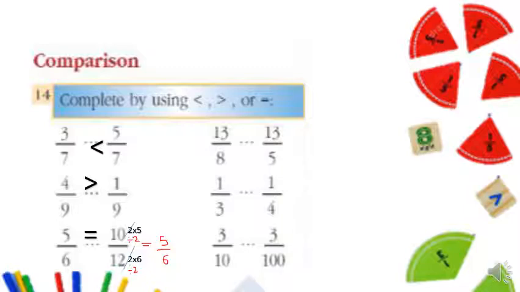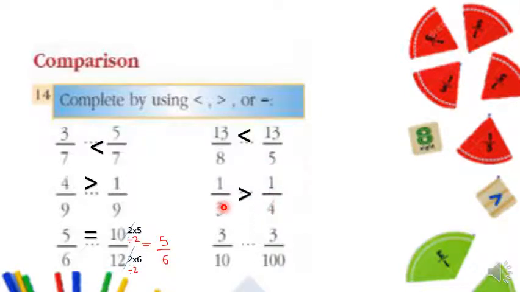Now look at the second fraction. They have the same numerators, so we are going to compare the denominators. The fraction having the smallest denominator is the greatest. It's opposite. Similarly here, who's the smallest? 3.